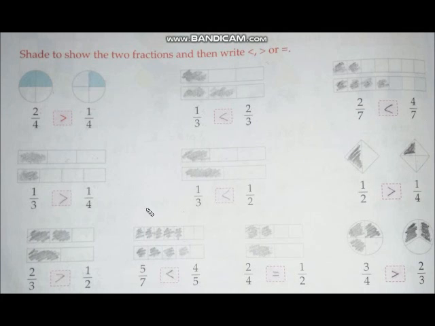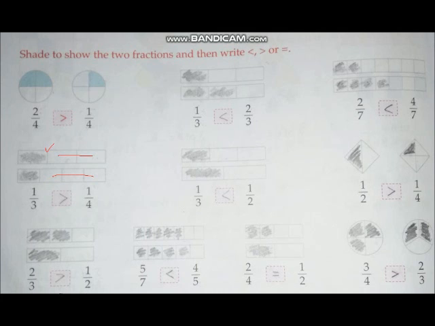Similarly for these two, in which numerators are equal but the denominators are different, here we will check which has fewer places. In this one 2 places are there and here 3 places are there. So the first fraction will be greater. So 1 upon 3 will be greater.